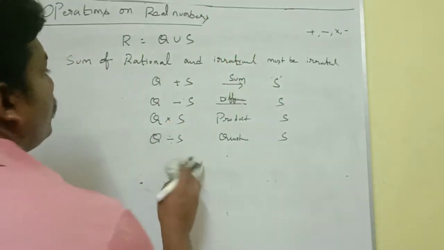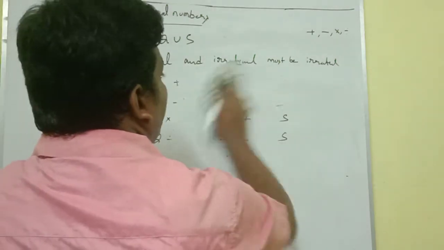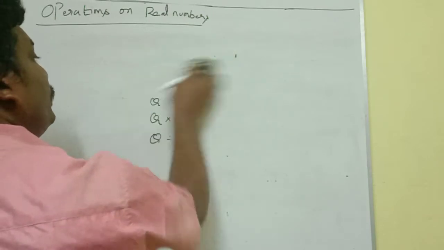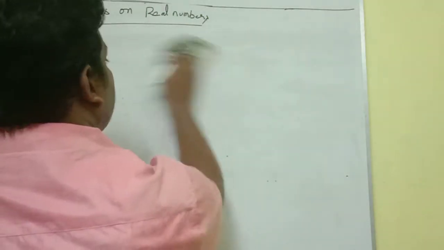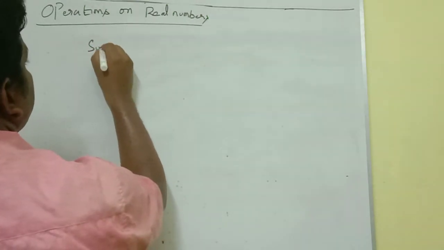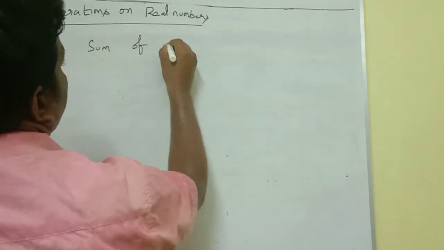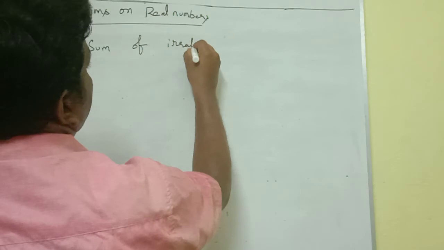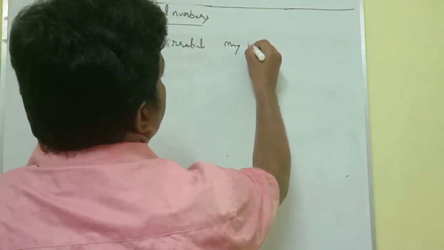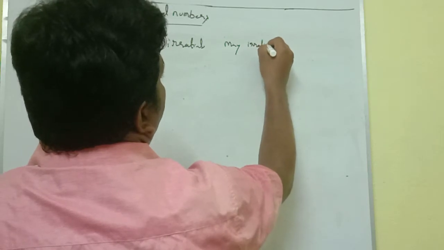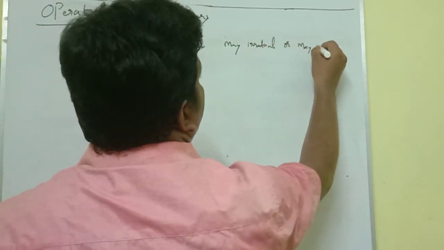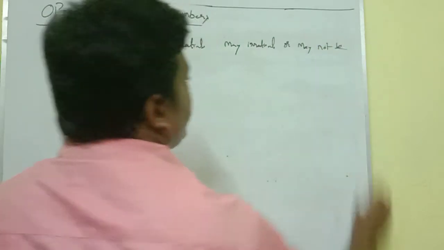Then coming to the arithmetic operations between two irrational numbers. Let me consider irrationals. A sum of irrationals may be irrational or may not be irrational.